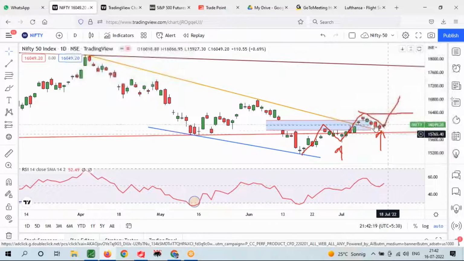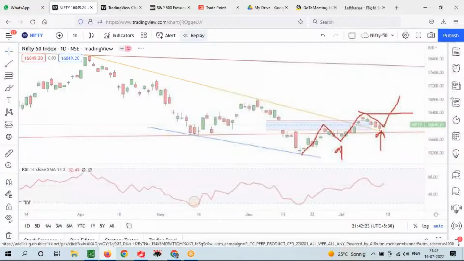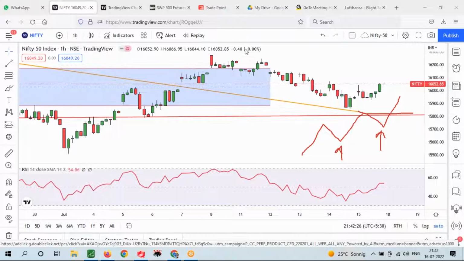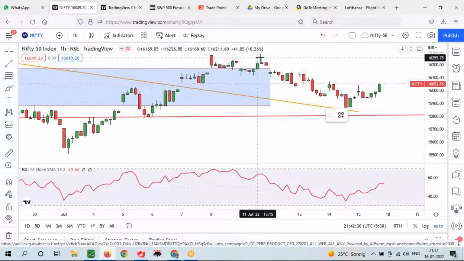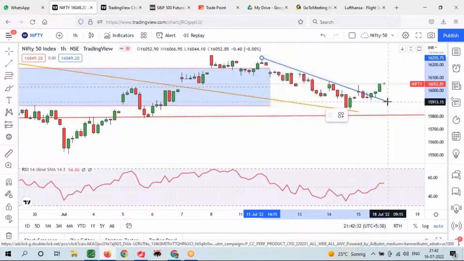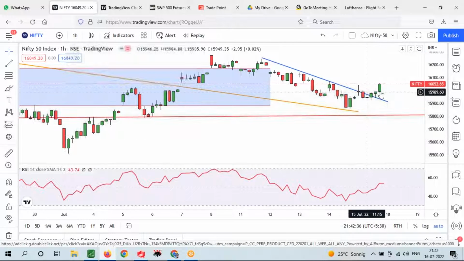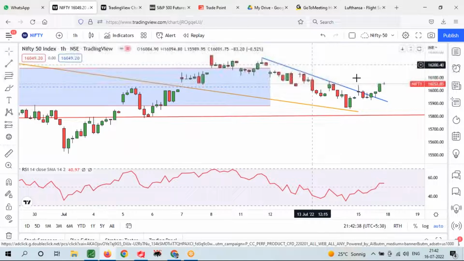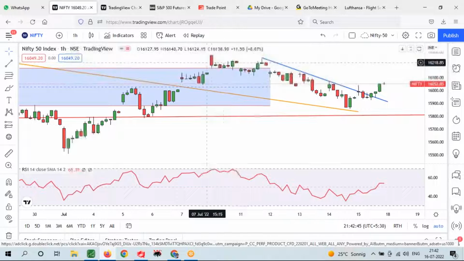When you look at the hourly chart, let us look at the hourly chart and see what happened. That is taken away. Now this fall is over. Once we cross 272 or this high, what is this high? This candle high, 275.